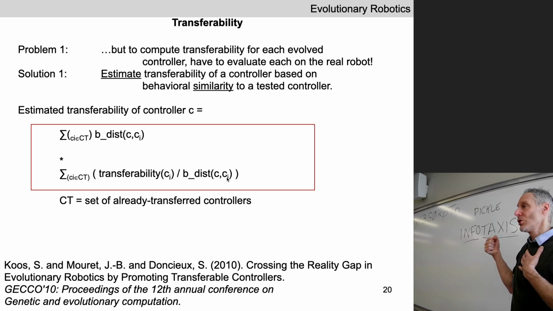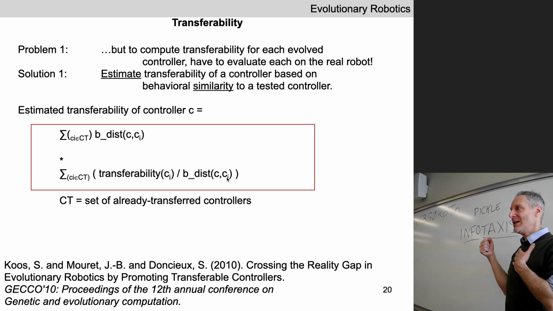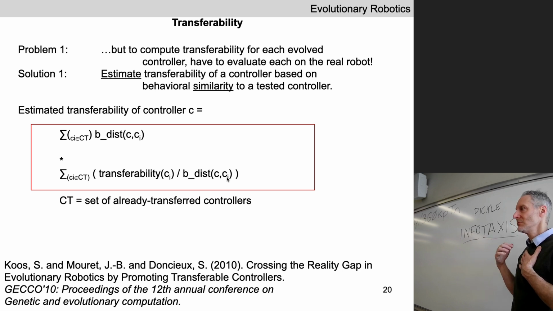If this controller is close to me behaviorally and its transferability was crappy, I should probably estimate my transferability is going to be crappy. If this one transferred well to reality, I should increase my estimate that I'm also going to transfer well. Okay.